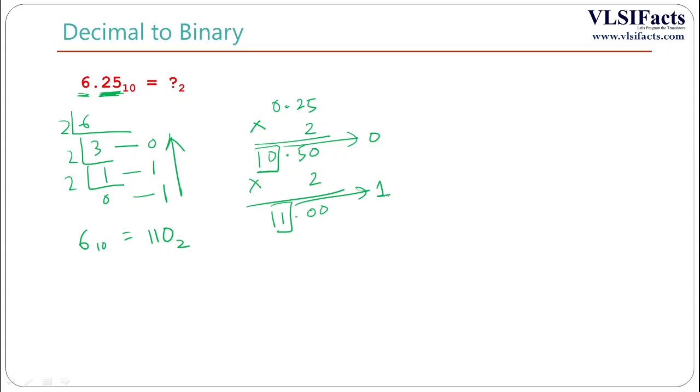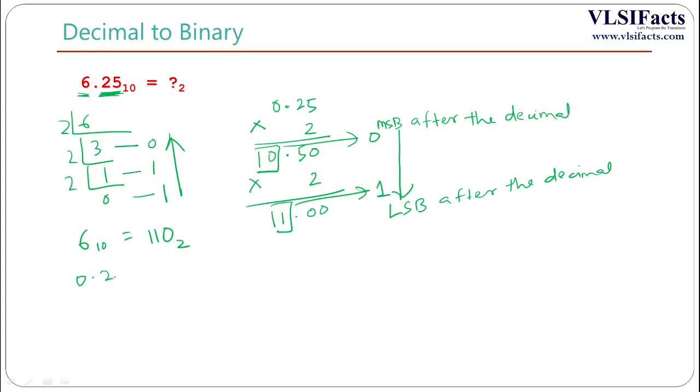Now I will collect this 1. Now I will collect them from top to bottom. That means this will be the MSB after the decimal point, and this will be the LSB after the decimal point. So I can write that 0.25 in decimal is equal to 0.01 in binary.